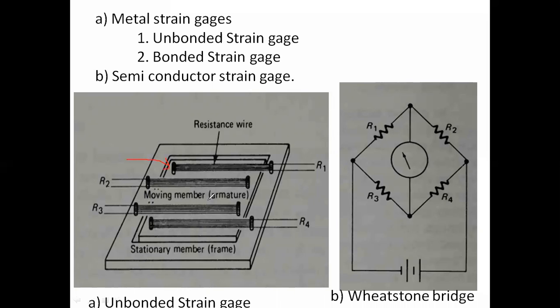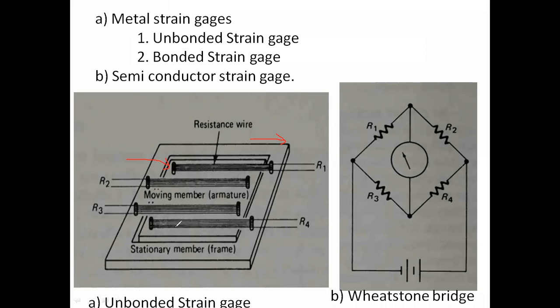This moving member moves towards the right side. Then the wires of resistance R2 and R3 are stretched, whereas the stress on the wires of resistance R1 and R4 decreases.